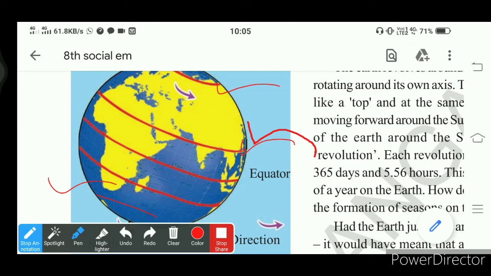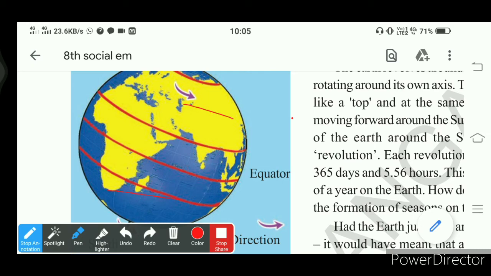In this area, the axis is tilted so that the sun rays do not fall vertically. The sun shines somewhat diagonally on this area, so this is the area we call the temperate belt.